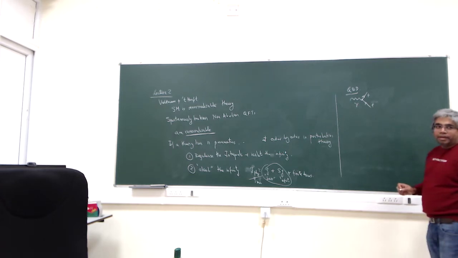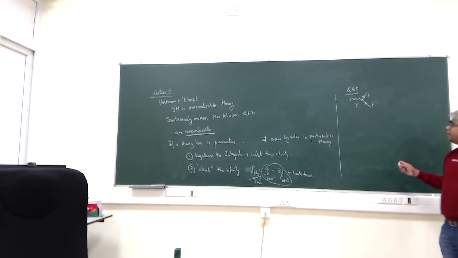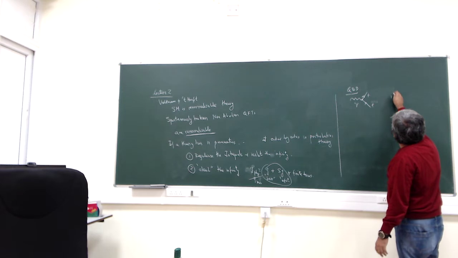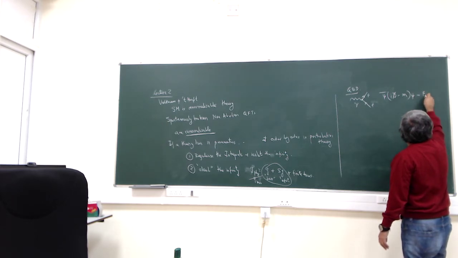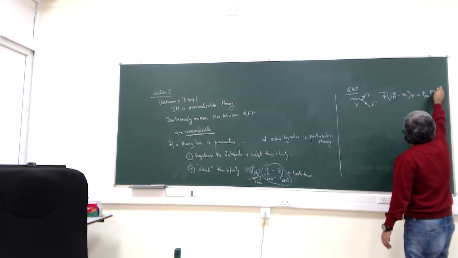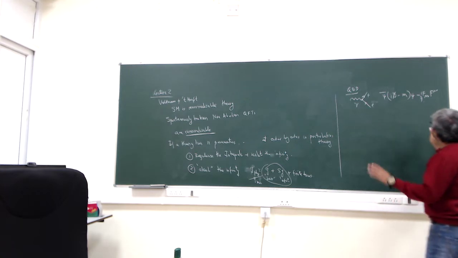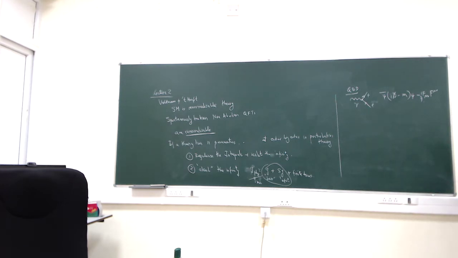Now you can write higher order processes. The Lagrangian is very simple: i del slash minus m, psi bar psi, minus F mu nu squared. That's it. This is the entire Lagrangian of QED. Very nice.